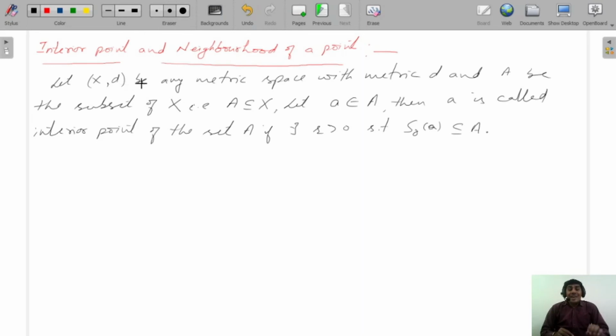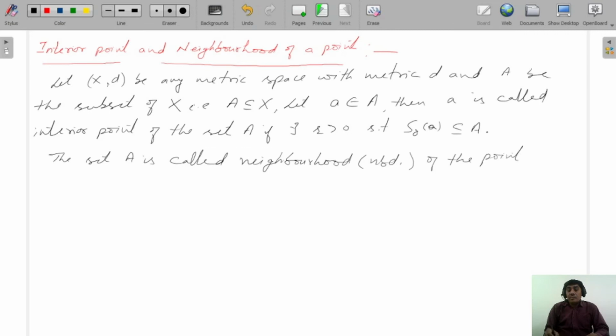I repeat, let (X, d) be a metric space with metric d and A be a subset of capital X, that is, a subset of the metric space X. Small a be an arbitrary point of capital A, then small a is called the interior point of capital A if there exists R greater than 0 such that the sphere centered at a with radius R is contained in capital A. The set capital A is called a neighborhood of the point small a.